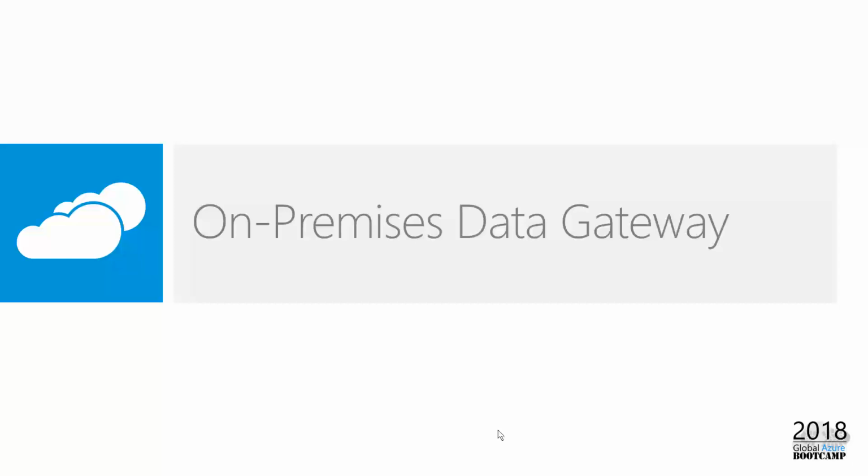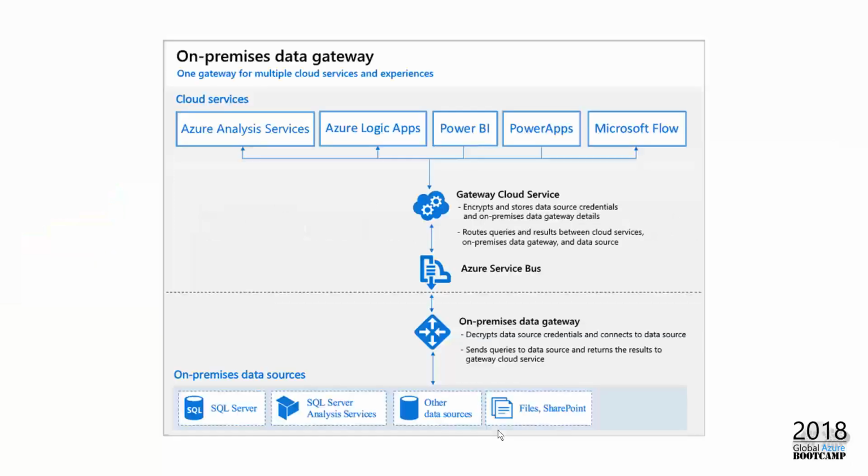But basically what it does is make an outbound connection from your on-premises to the Azure Service Bus, and then whatever tool you're using, like Logic Apps, connects to it in the Service Bus. So it's all outbound connections. The consumers at the moment are Analysis Services, Logic Apps, Power BI, Power Apps, and Flow.